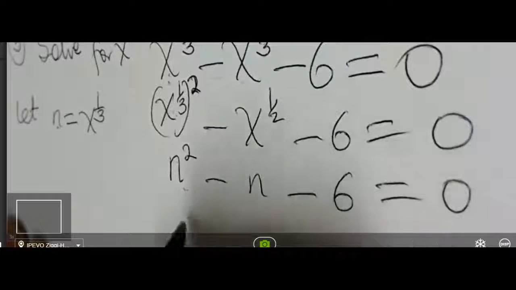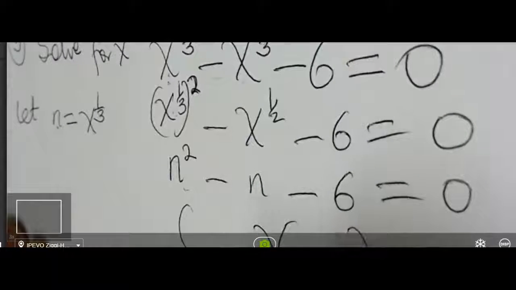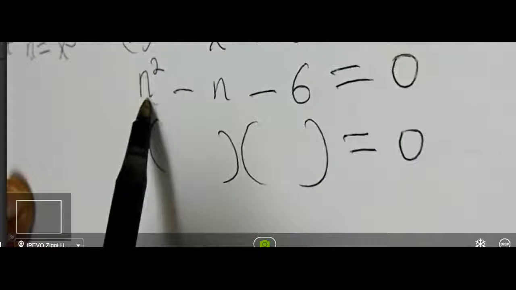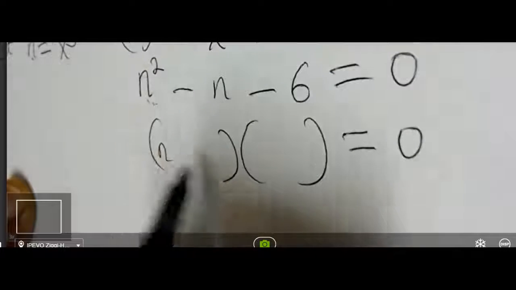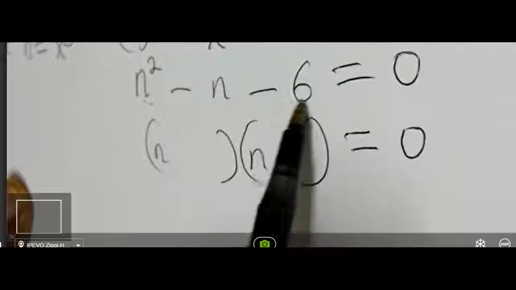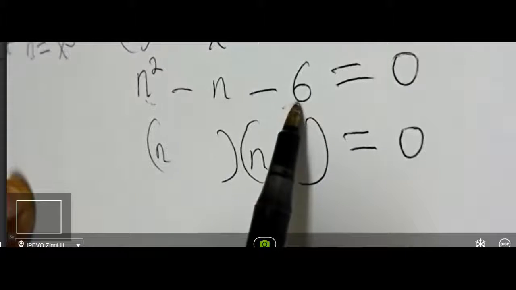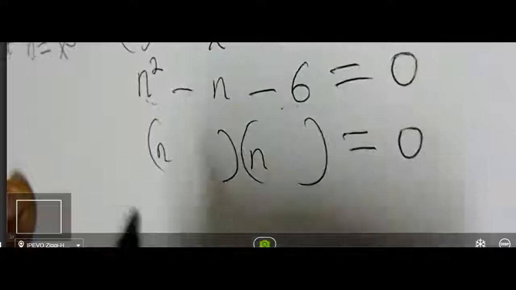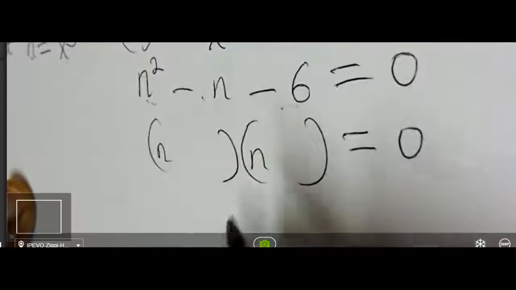So if we factor this, n, negative 3 times 2 will give negative 6, and negative 3 plus 2 will give negative 1, the coefficient of n here. So it's n minus 3 times n plus 2.